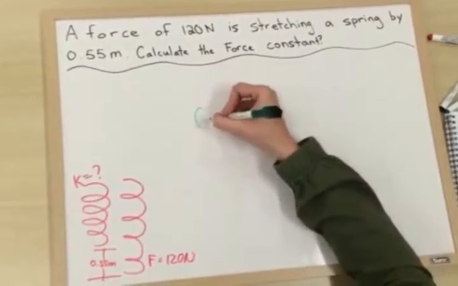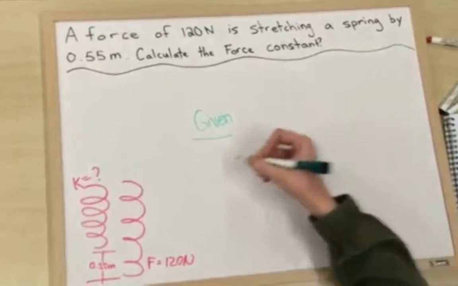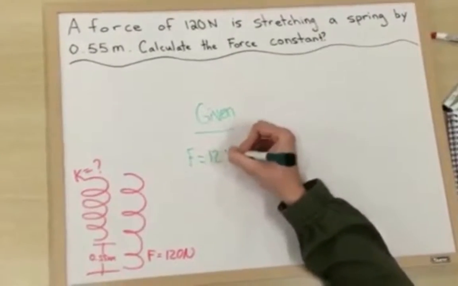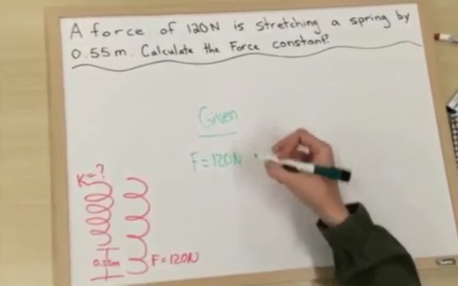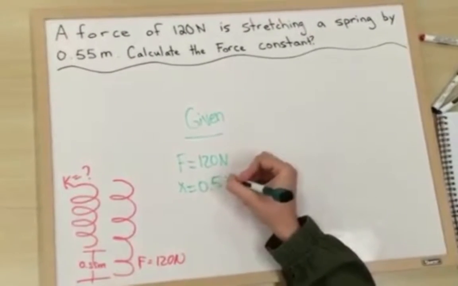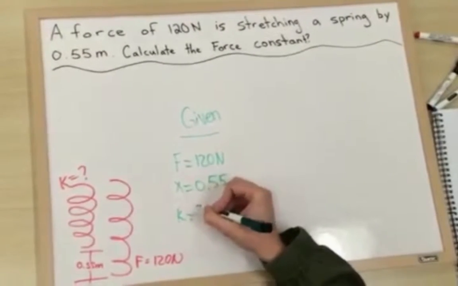So we're given F equals 120, x equals 0.55, and we don't know what k equals.